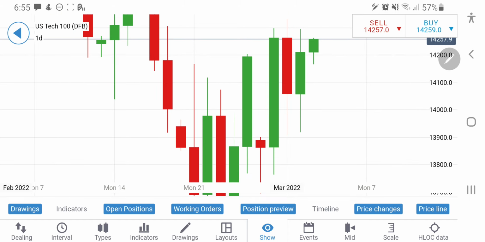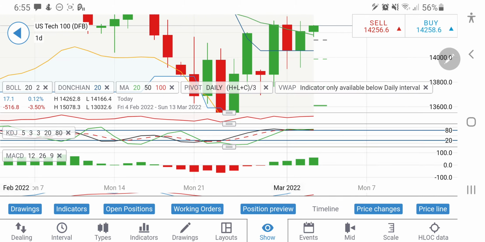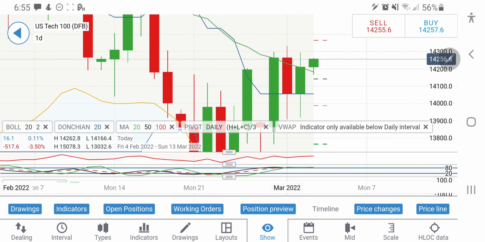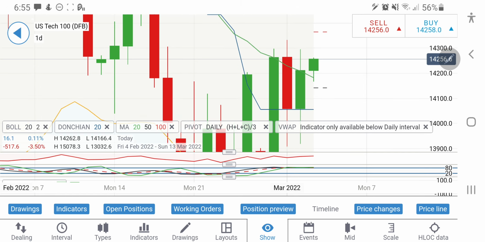So only long entries beyond 14350 I'll recommend. Now let's have a look at the indicators here. On the indicators front, on the daily charts, it is overbought. I know it needs to break, and once the break is there, definitely it will fall sharply. Look at the daily charts, and now it is trading beyond the 20 period moving average. That is very important.